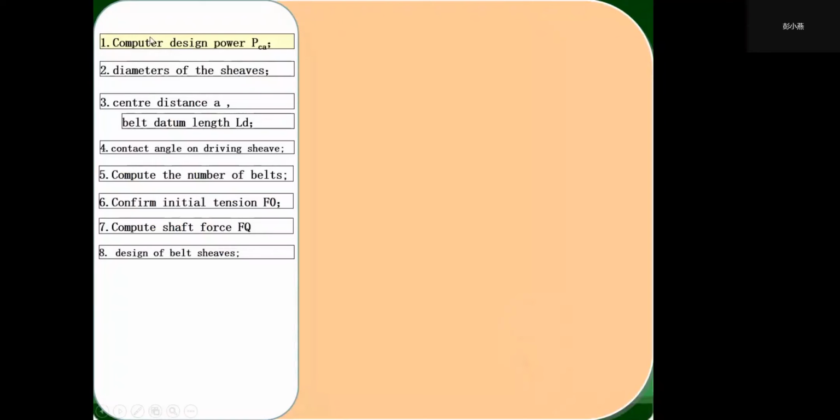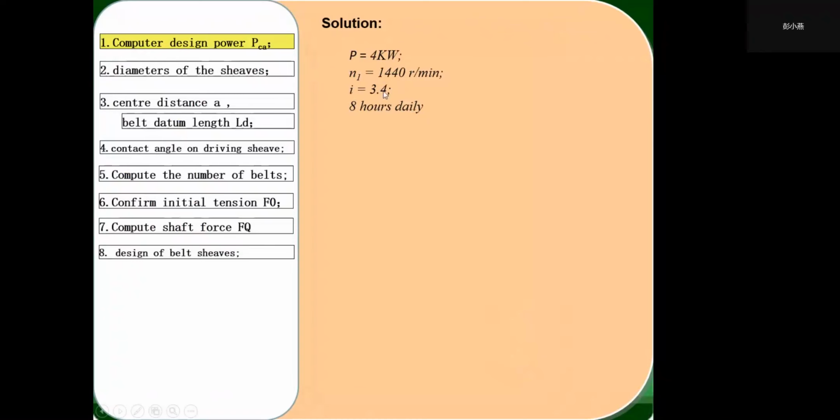First, compute design power PCA. We know that P is 4, the speed of the driving pulley is N1, the speed ratio is i, and it works 8 hours daily, okay?